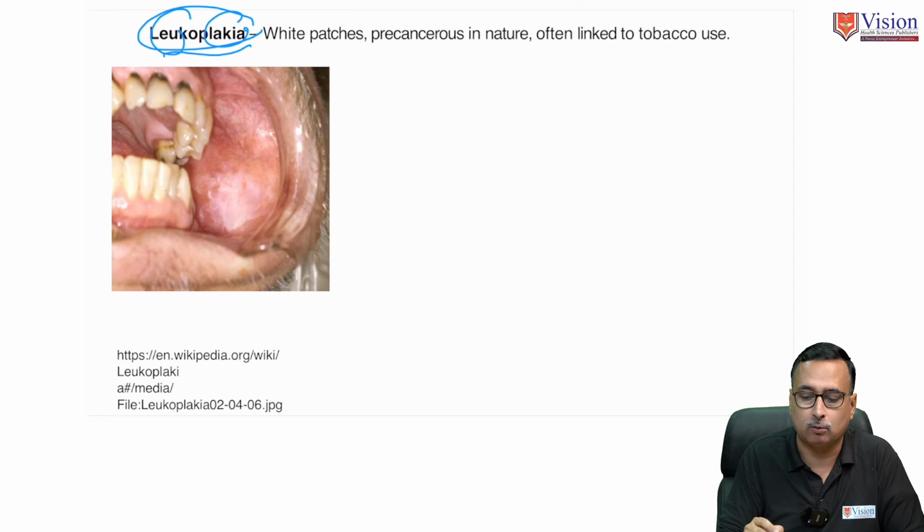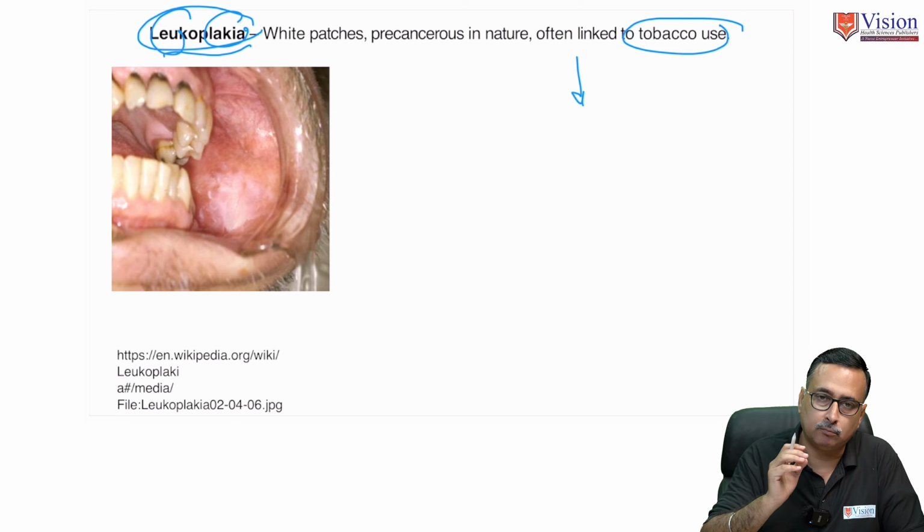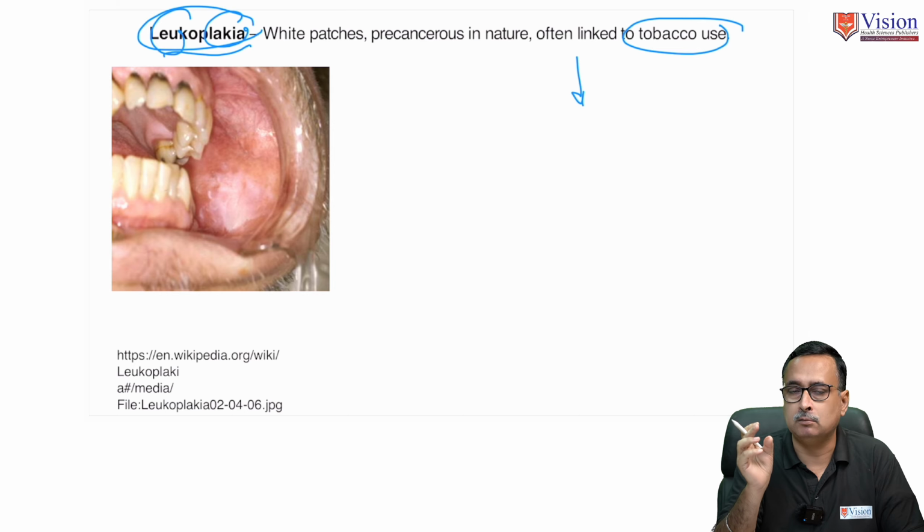The most probable cause can be tobacco chewing. Other causes can be sharp edges of teeth, which repeatedly, constantly, for years impinge upon oral tissues, maybe gingiva, maybe labial or buccal mucosa.